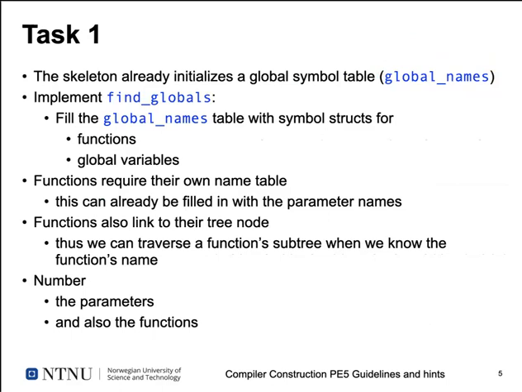In this first task, you should implement the find_globals function. That should fill the global_names symbol table with symbol structs for everything that is global. The things that are actually global in VSL programs are either functions, obviously. Functions have a name, so they need to be in the symbol table so we can find them later on. And all global variables you might want to declare in a VSL program.